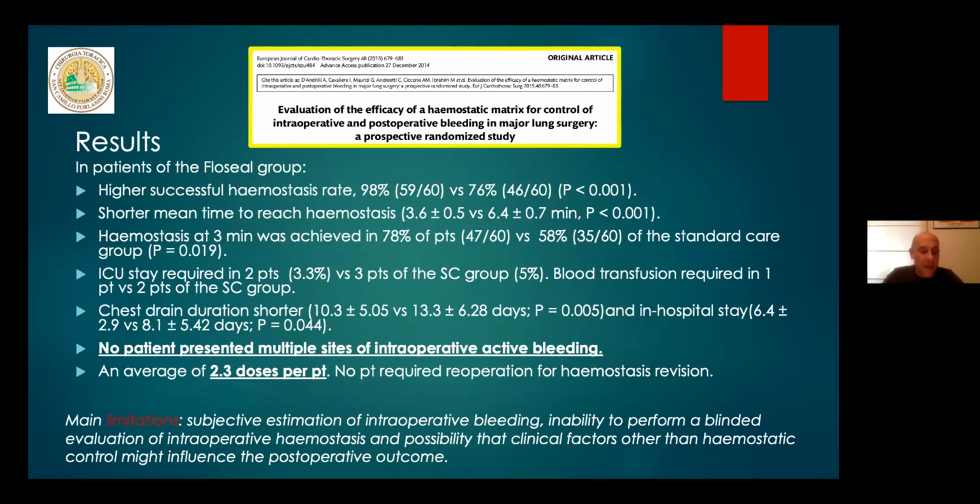But main limitations of this study include the subjective estimation of intraoperative bleeding, the inability to perform a blinded evaluation of intraoperative hemostasis, and the possibility that clinical factors other than hemostatic control might influence the postoperative outcome.